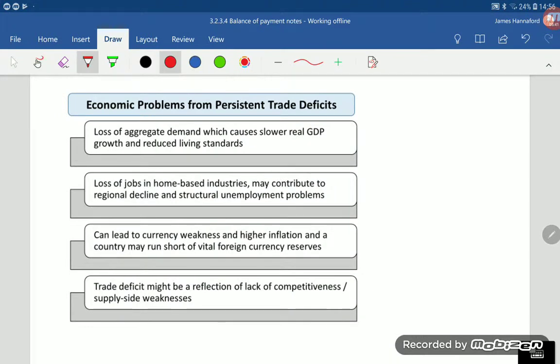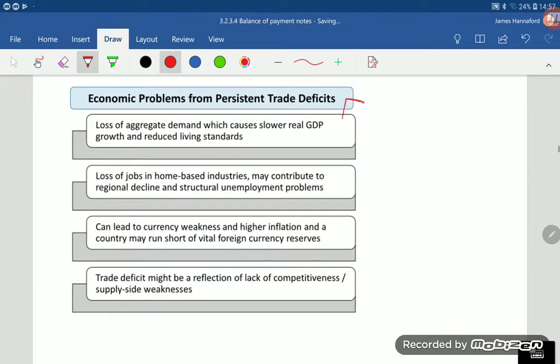There are some economic problems from persistent, that's continuous, trade deficits. Also, I would add to that large trade deficits. So, for instance, if our imports decrease and our exports were to rise, our AD would go to the right.